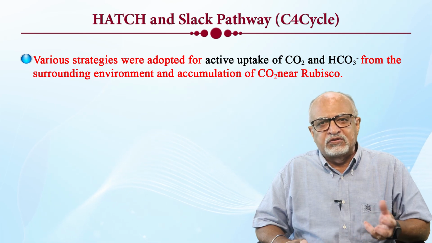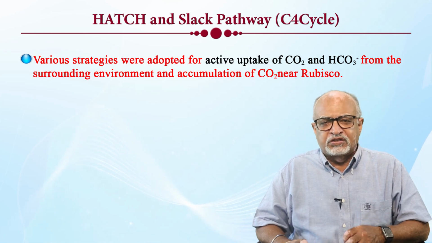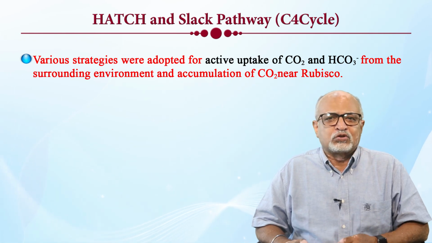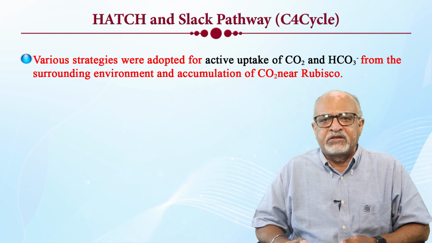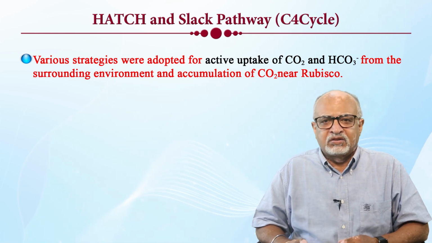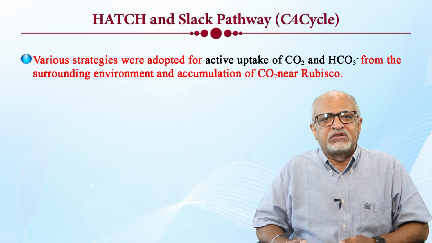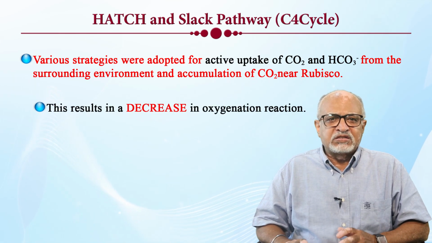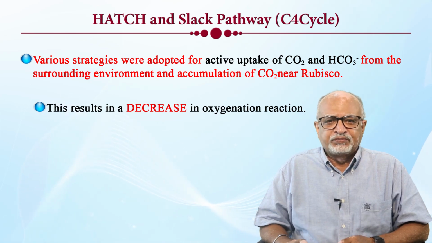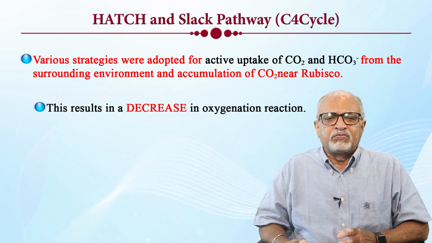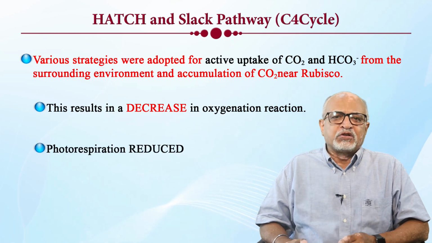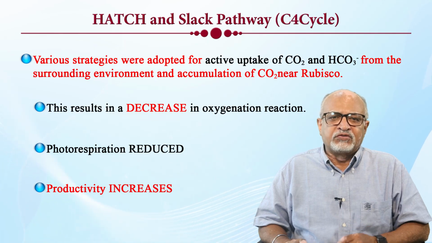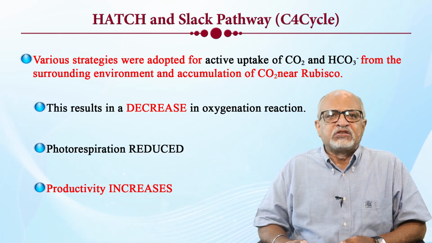And somehow if these could be concentrated and channelized near the rubisco, then of course the concentration of carbon dioxide would have always been higher than oxygen and the carboxylase activity would work. But then we find that if this type of oxygenation reaction can somehow be avoided, and photorespiration reduced, naturally it would result in increased productivity among the C3 plants.